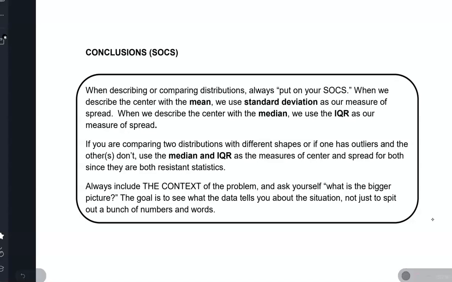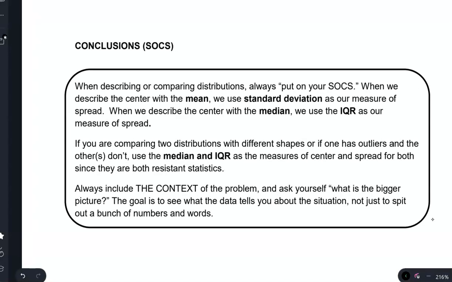Okay, so overall, let's put it all together, all the things we've talked about with our socks. When I'm asking you to describe or compare distributions, always include these, and do it just like I've talked about in the notes so far. We're going to do a couple more examples to really put it all together.